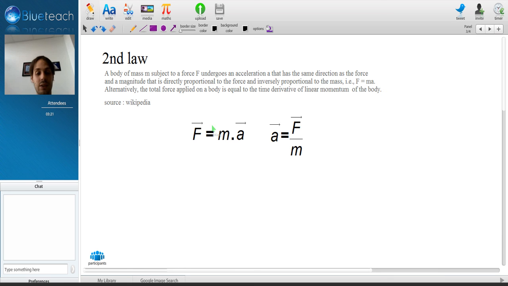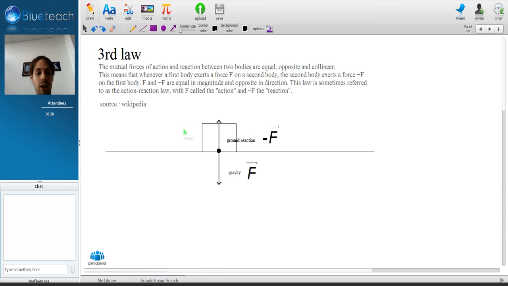That's basically what the second law describes. It's the relationship between the force applied to an object and the acceleration, and that relationship is the force is equal to the mass times the acceleration.